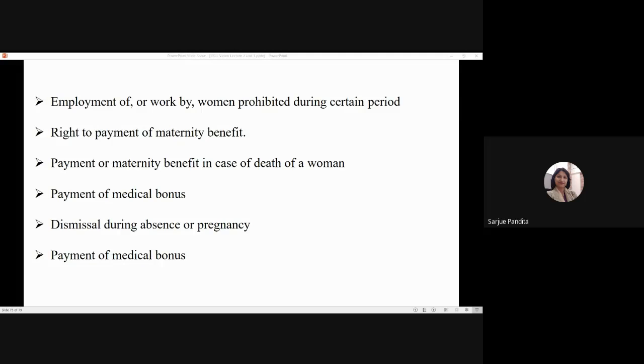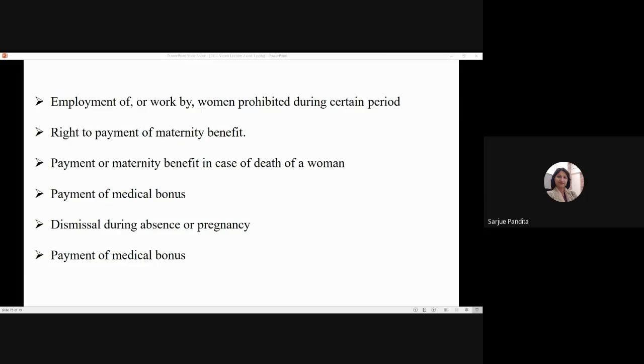Apart from 12 weeks of her salary, a female worker is entitled to a medical bonus of 3500 Indian rupees. So every woman entitled to maternity benefit under this Act shall be entitled to receive from her employer a medical bonus of rupees 1000, if again prenatal confinement and postnatal care is not provided by the employer.